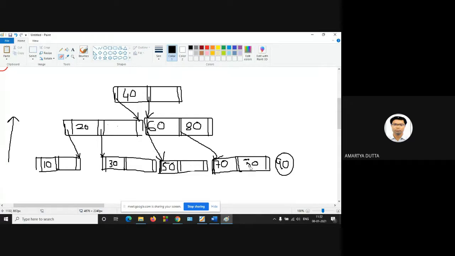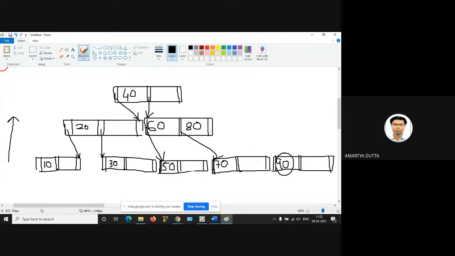So delete this 80. Okay. 90 will be right child of 80. So this is your 90. So first child, this is second child, and this is third child. M is equal to 3.